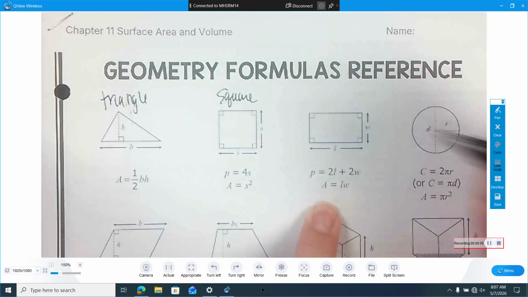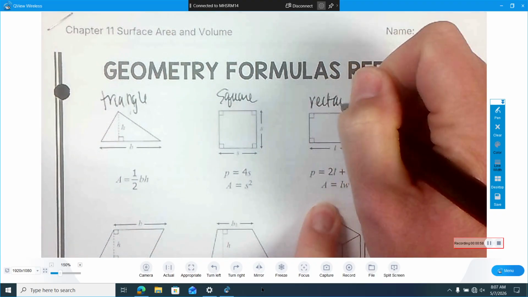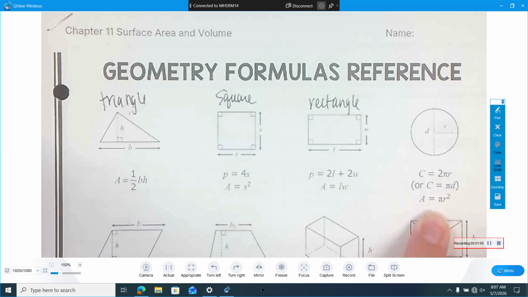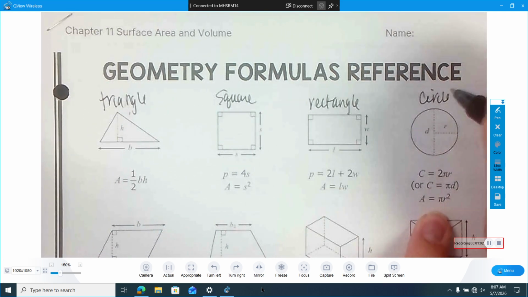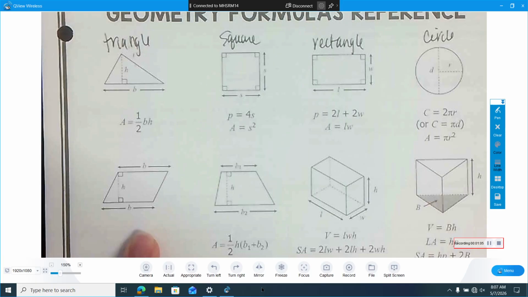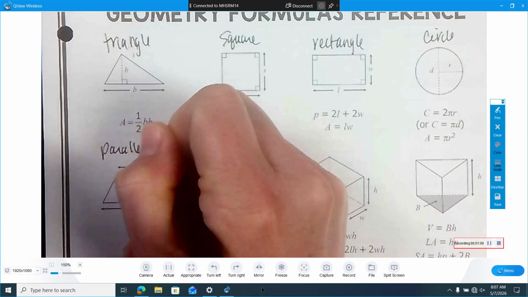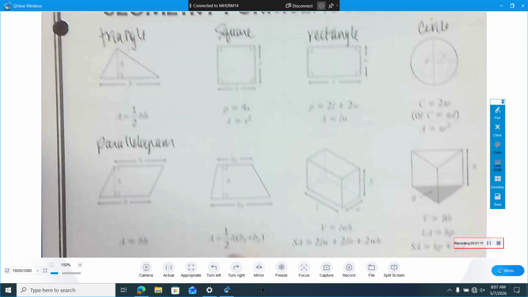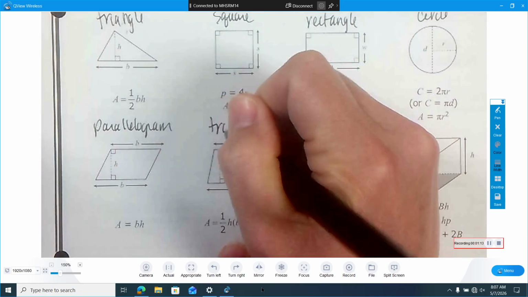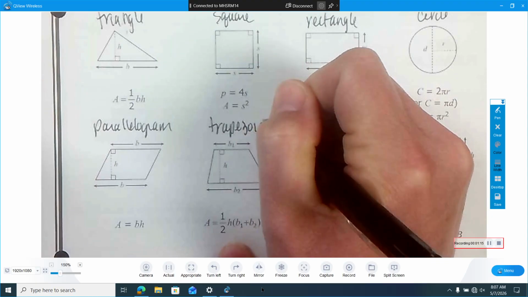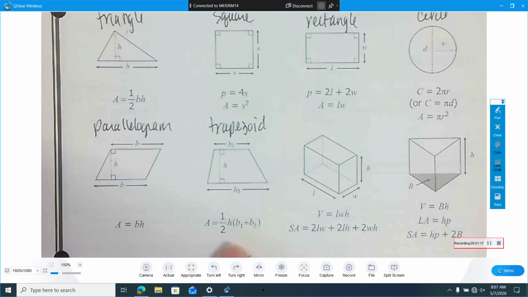This? Rectangle. This one? Circle. This one? Parallelogram. This one? Trapezoid.